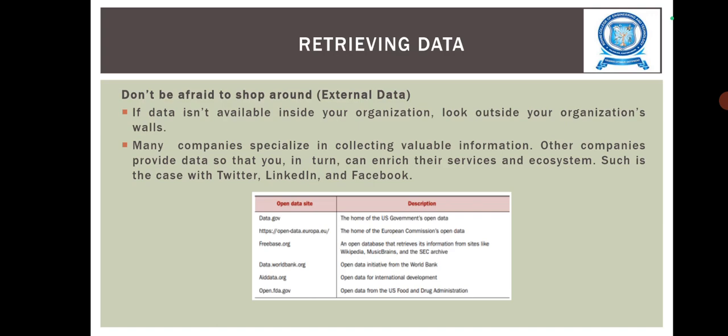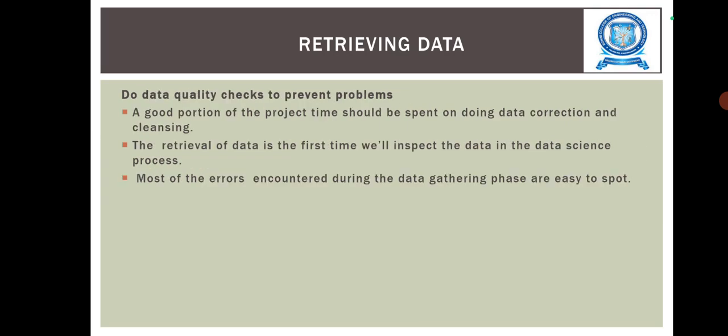Examples are Twitter, LinkedIn, Facebook. Do data quality checks to prevent problems. A good portion of the project time is spent on doing data correction and cleansing. The retrieval of data is the first time we will inspect the data in the data science process. Most of the errors encountered during the data gathering phase are easy to spot.